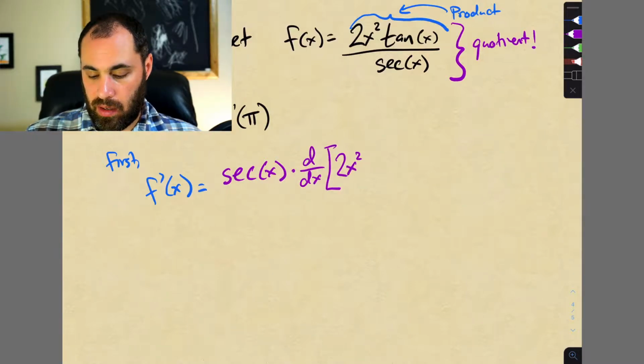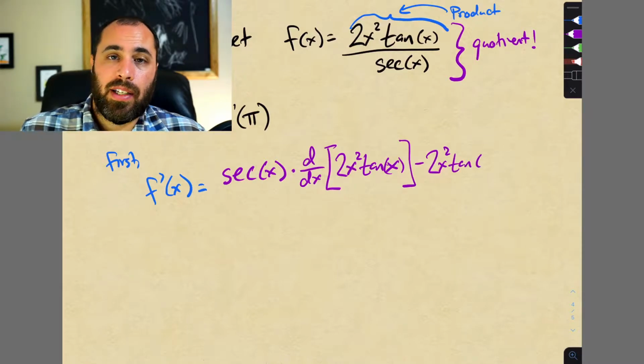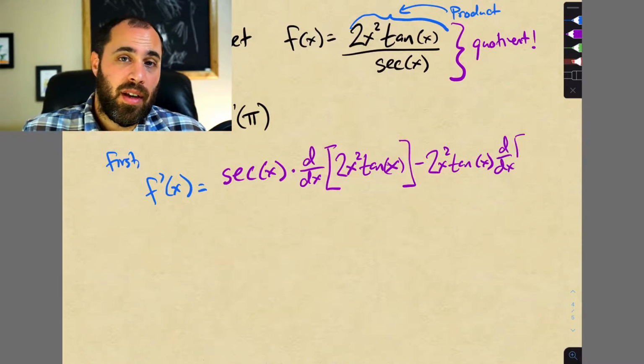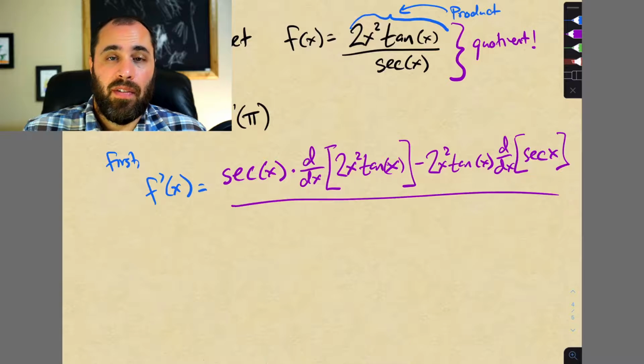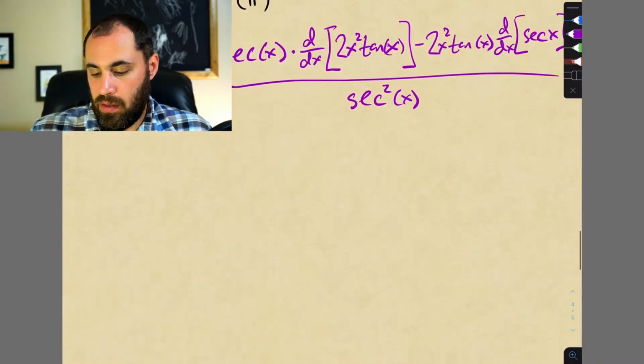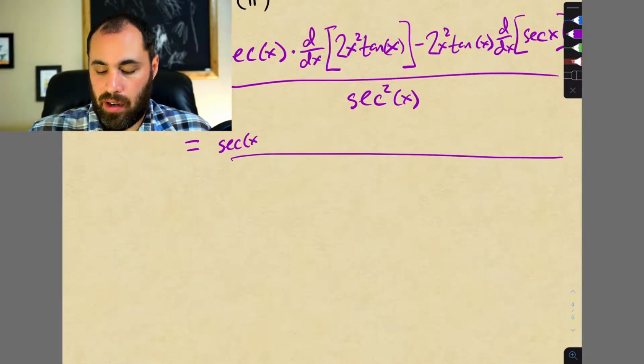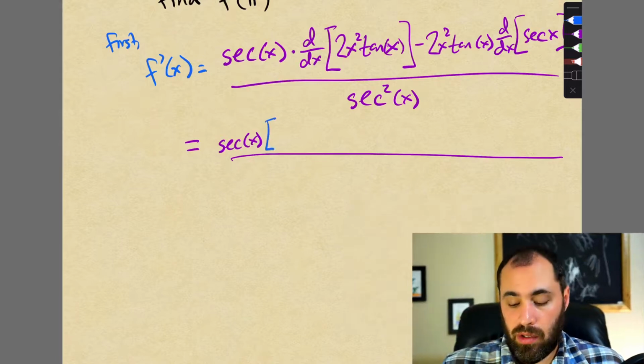So f prime of x, applying the quotient rule, we might write something like this. Here I've left in this operator d dx to remind us of the things we still need to differentiate. We can take the derivative of that first piece, the numerator, carefully using the product rule.